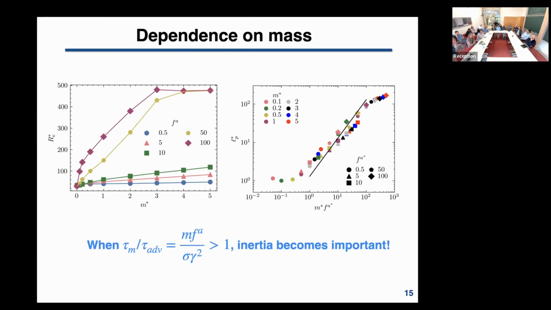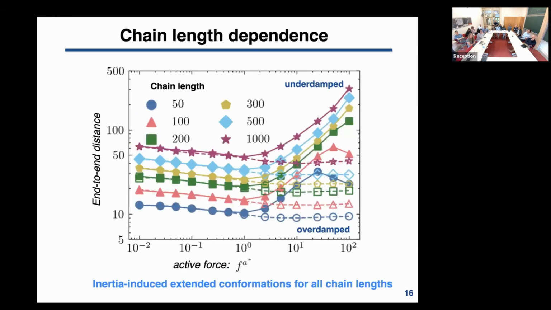But anyway, this shows that with mass the effect is stronger, the higher the mass is. And here it's for different active forces. As for your question, we see that it's always at the level of... Degrees of freedom open up.